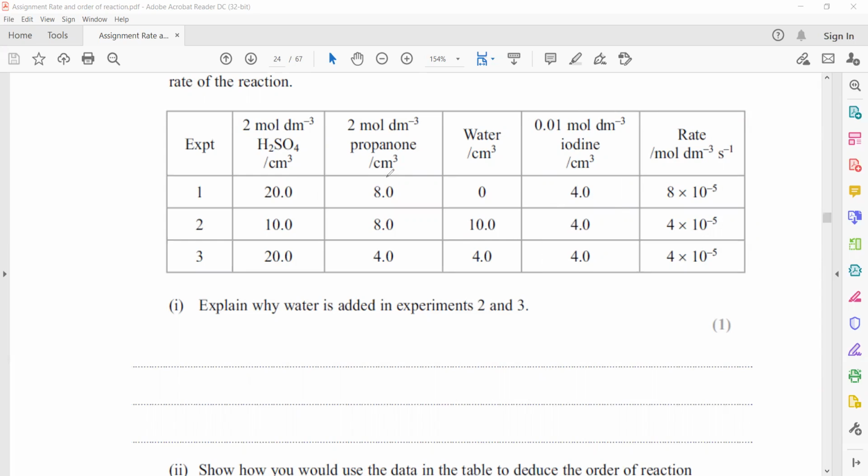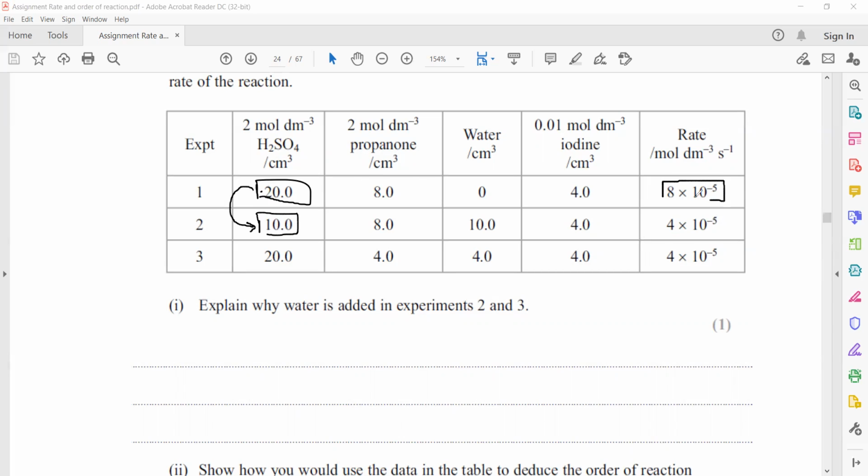Now, how can we work out the rate equation of this reaction? If we are using this 20, and now we took 10 cm cube. So what happened to the rate?